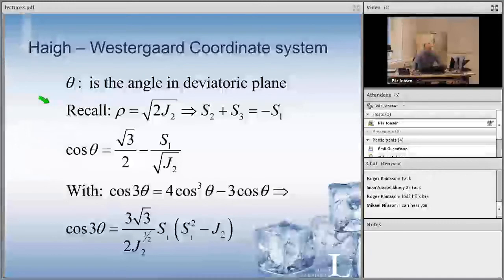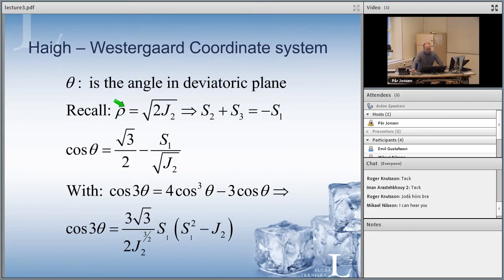And as I told you, theta is the angle in the deviatoric plane. And we calculated that the distance in the plane is the same as the square root of 2 times the second invariant, and from that, we can find that S2 plus S3 is the same as minus S1. We put that into this formula that we have calculated.